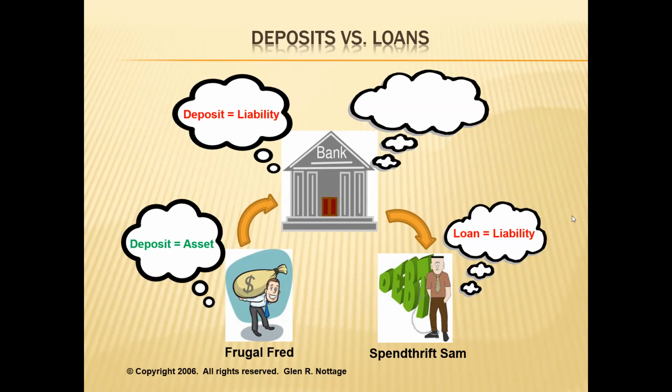So the deposit is an asset for the client or for the customer, but it is a liability for the bank. On the other side, the loan is a liability for the borrower. And what is it for the bank? An asset for the bank. It's an asset for the bank, okay?